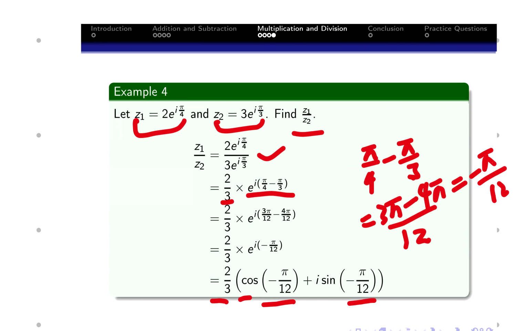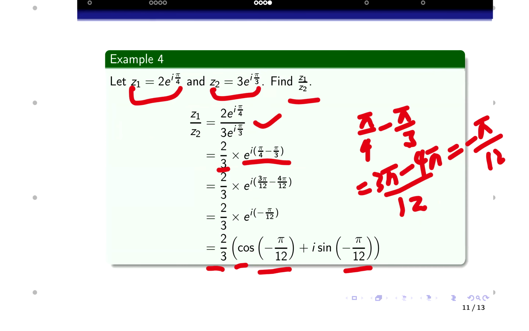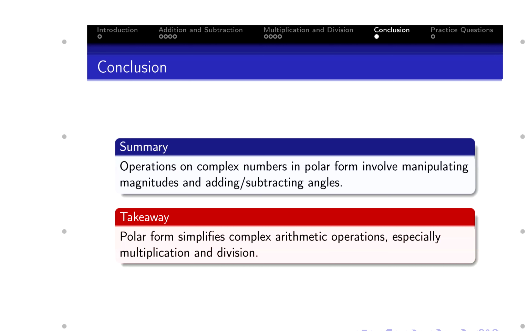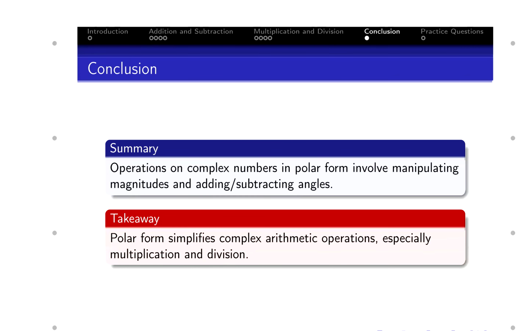So in conclusion, you will see that operations on complex numbers in polar form involve manipulating magnitudes and adding or subtracting angles. So for the magnitudes, you can multiply those ones or divide them, especially under division and multiplication.